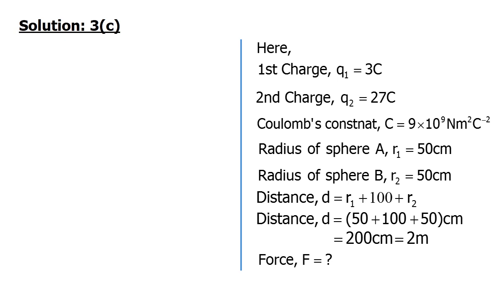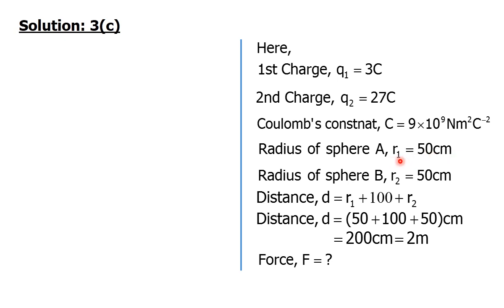In the solution, you can see the given quantity. The first charge is given 3 coulomb, second charge is given 27 coulomb, and Coulomb constant is 9 into 10 to the power 9 Newton meter square per coulomb square. As I said, the radius of the first charge A is given 50 centimeter.